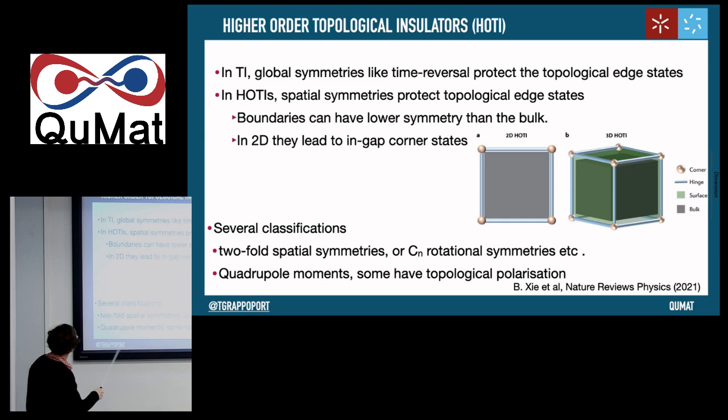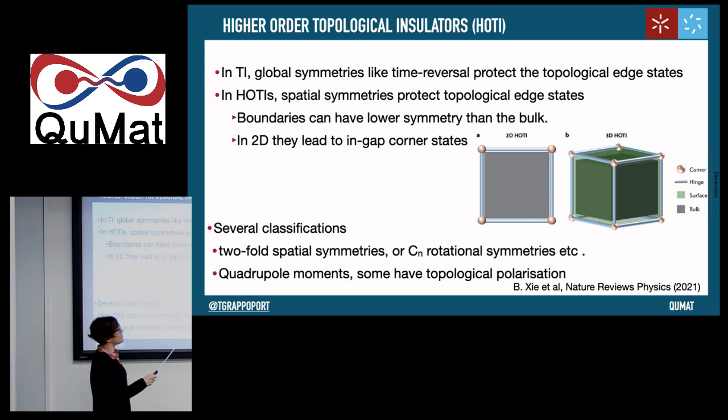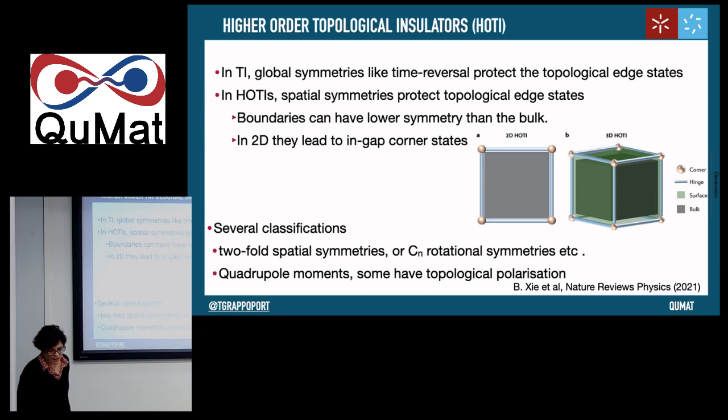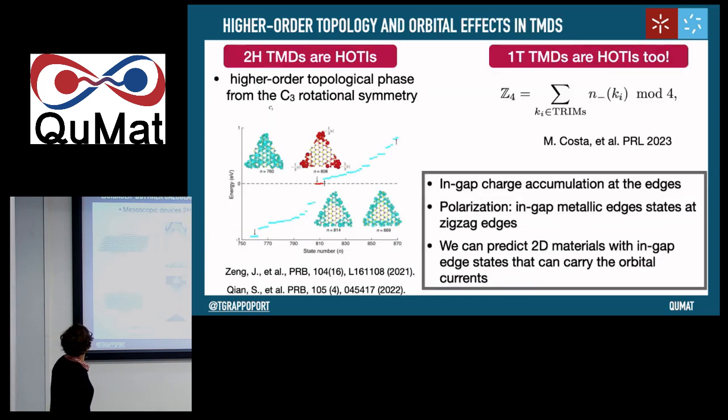There are several classifications for this, depending on the symmetry, because there are many symmetries that can protect these states. But one characteristic that appears in most of these higher-order topological insulators in 2D is that they have a finite polarization in the unit cell, a multipole.